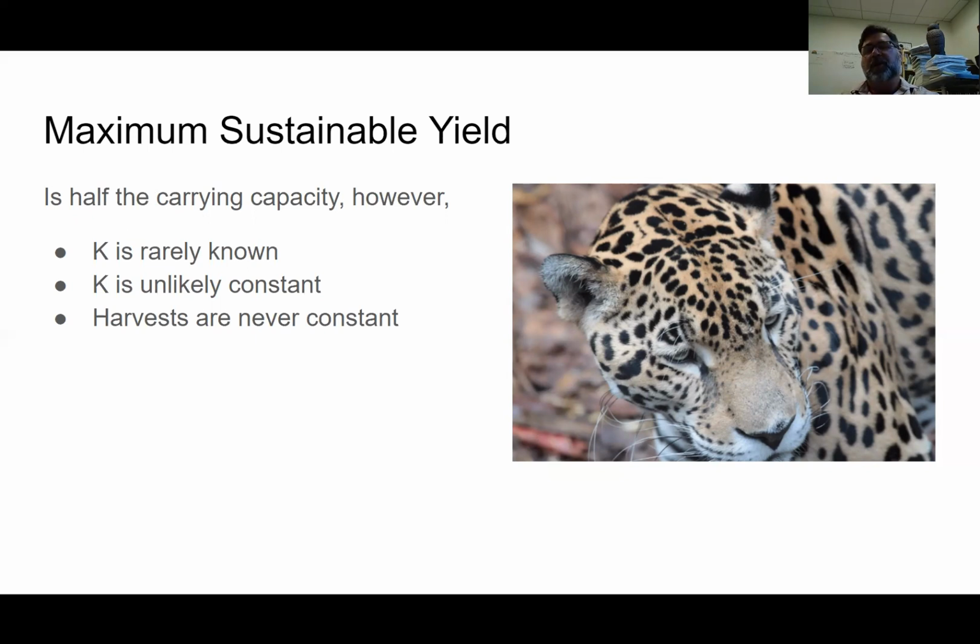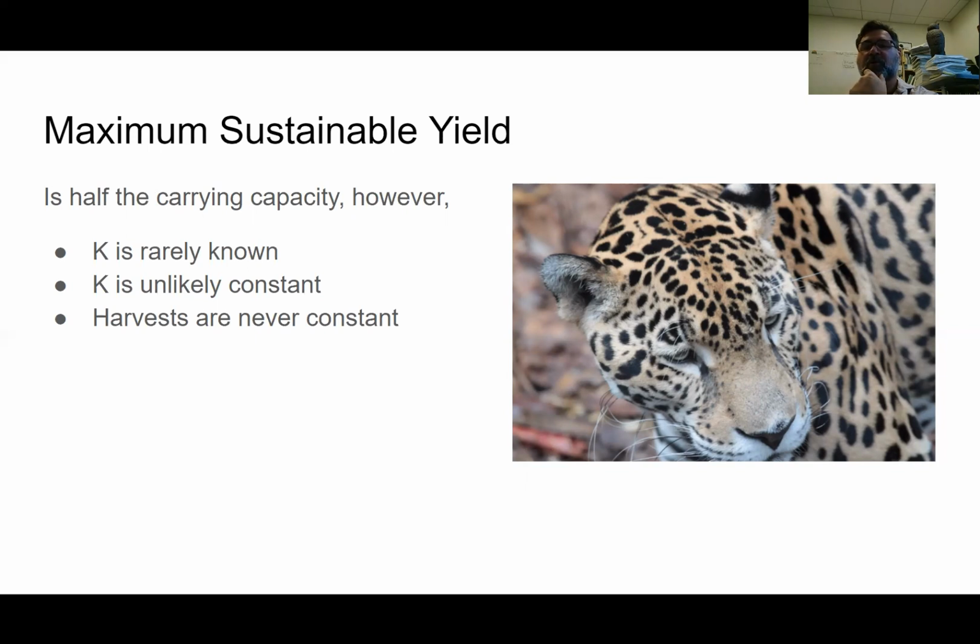To know what 1/2 K is, you have to know what K is. And your carrying capacity is hardly ever actually known. It can be estimated, but it's hardly ever known. It's very unlikely that it's constant. So remember that carrying capacity is what the environment can hold. So if you are an organism that eats insects, then the population of insects is very rarely going to be constant.